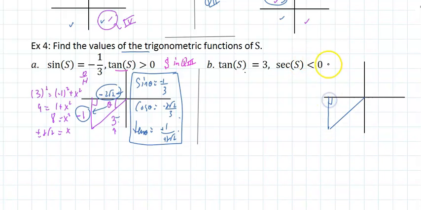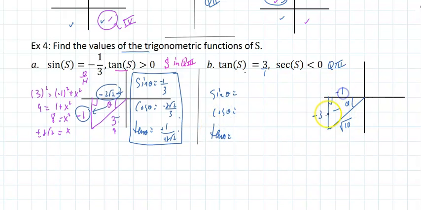So once I know that I am in quadrant 3, I'll draw the triangle. Tangent is the opposite over the adjacent. Be careful, in this quadrant, both of these are negative. And if I figure out this is the square root of 10, 9 plus 1, I could say the sine of theta is, the cosine of theta is, and the tan of theta is.